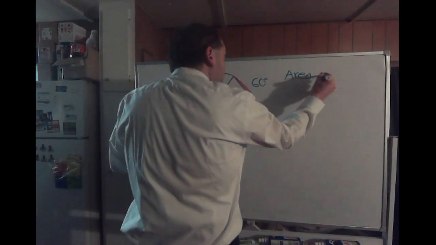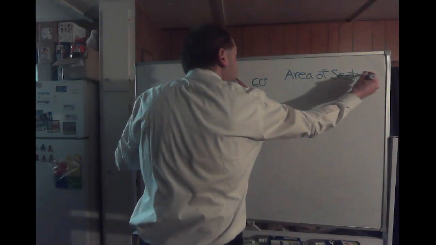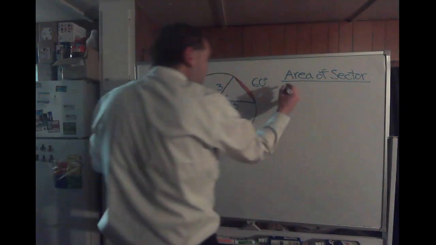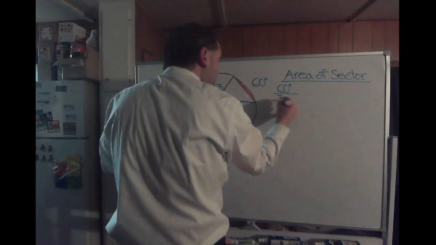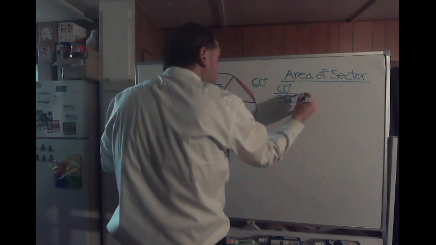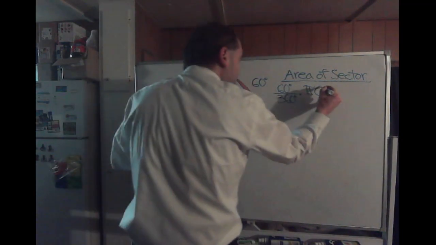So the area of the sector in this particular case is equal to the 60-degree arc, which is 60 degrees out of 360 degrees, times pi times your radius of 3 to the second power.